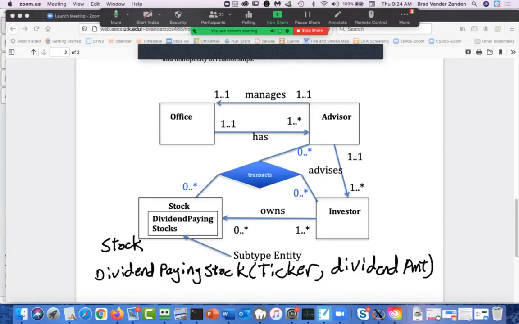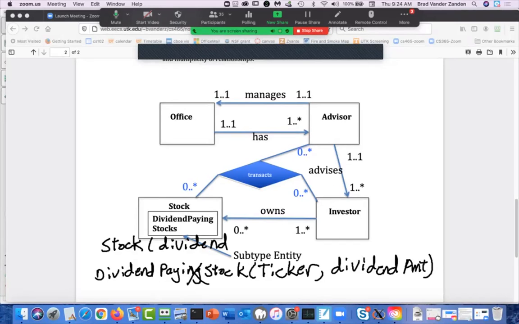And it might have how often it pays out, monthly, quarterly, etc. So it might have some additional information too, or you just might have it in the stock itself, and just include dividend as one of the attributes.